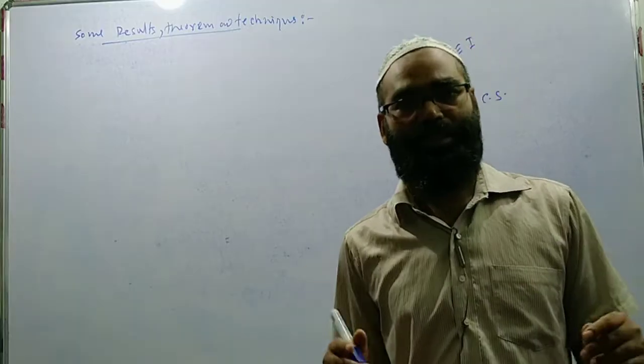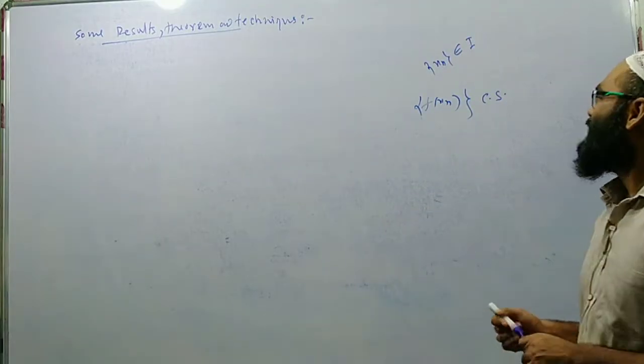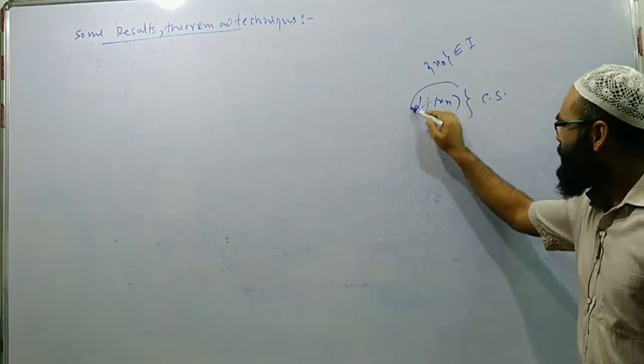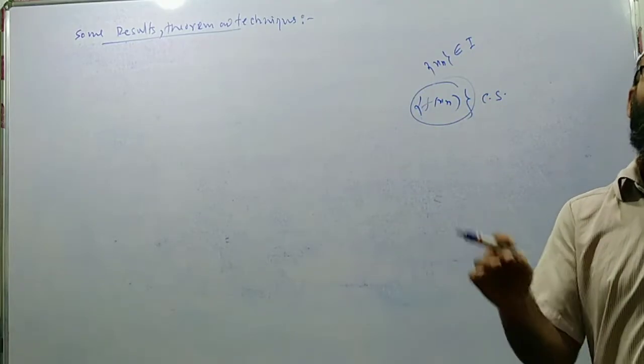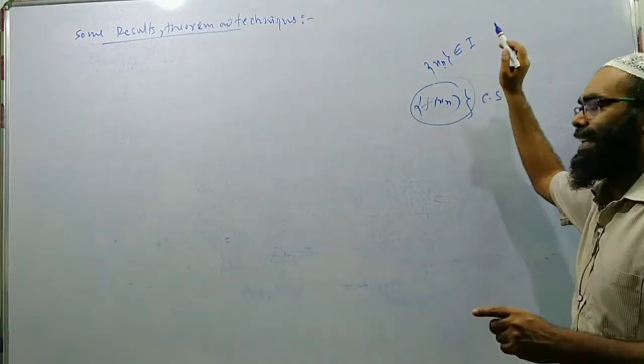In the sequential approach, f of xn will be a Cauchy sequence for every sequence xn of I.